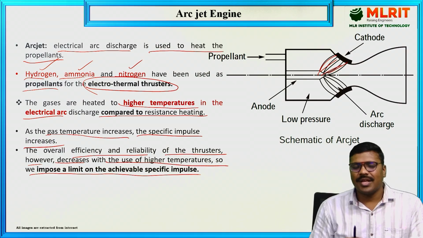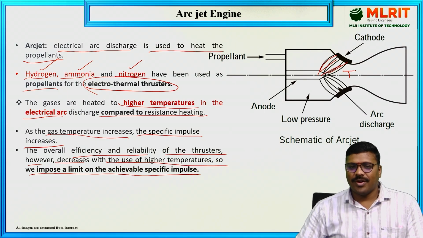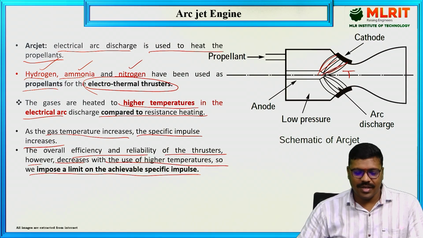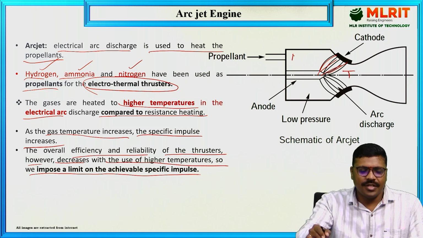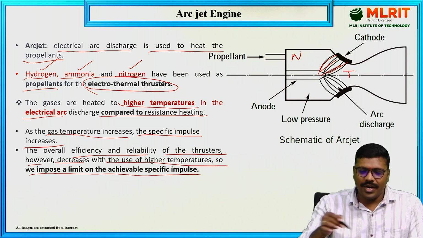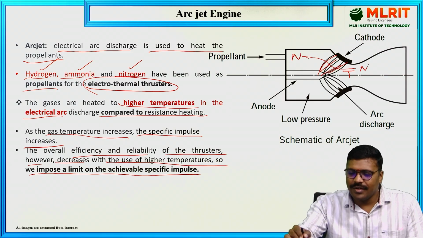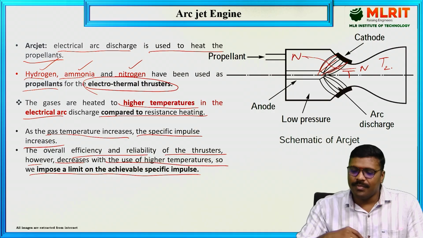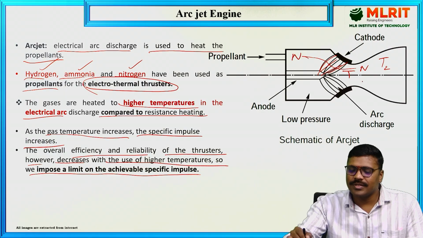As the temperature increases, the efficiency of the engine decreases because of high temperatures. When nitrogen is sent through the electrical arc, it will get heated if you maintain a proper temperature T2. But if you go beyond T2, the nitrogen may dissociate into ions, N plus and N minus.